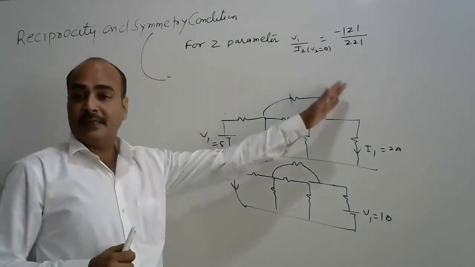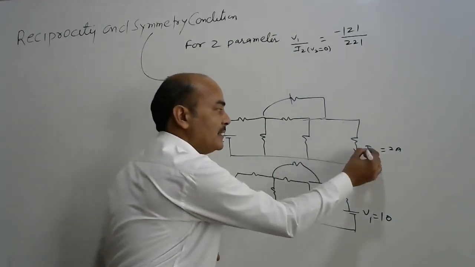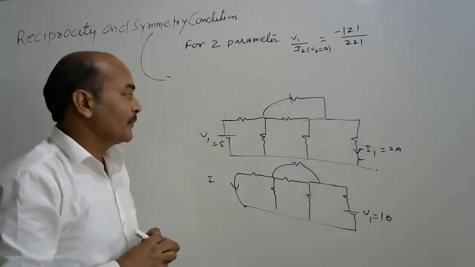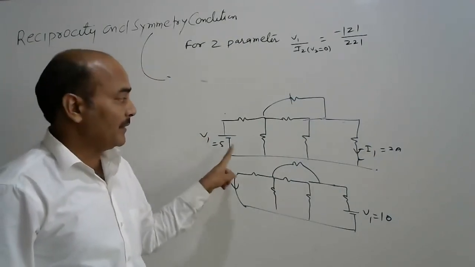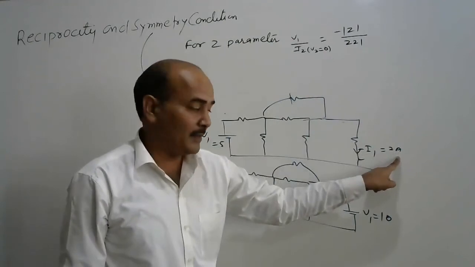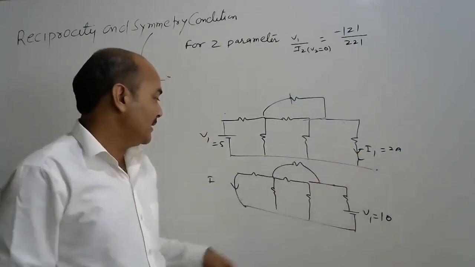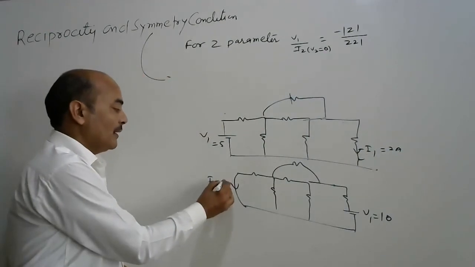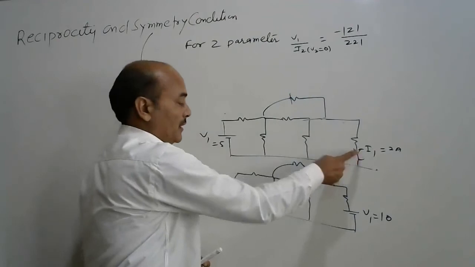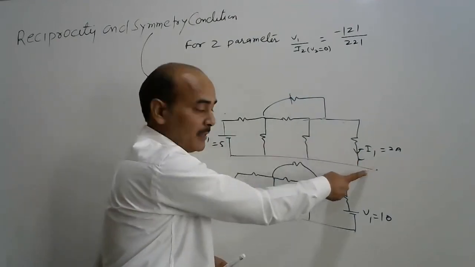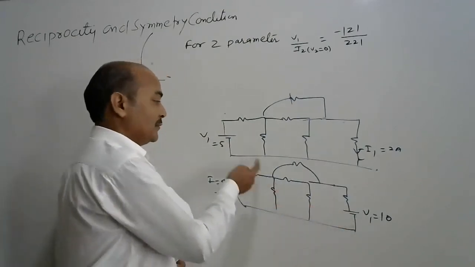See, the network is a reciprocal network when we apply voltage V1 and take this as the output. If 5 volt provides 2 ampere of current here, then if we apply 10 volt, it provides 4 ampere of current, because the ratio of voltage to short circuit current at the output remains the same.